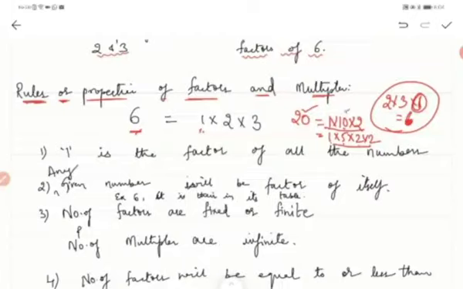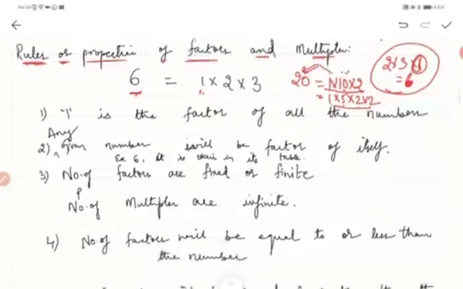Any number you take, 1 will be a factor of it. So if I ask you to find the factors of 20, or 50, or any number, definitely 1 will be a factor of that number. That is rule number 1.